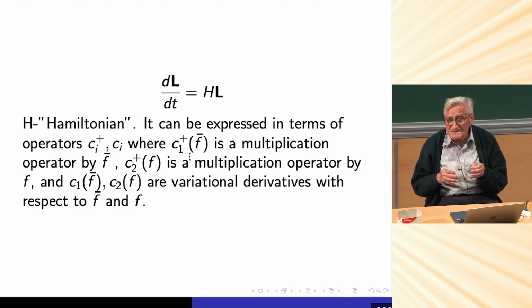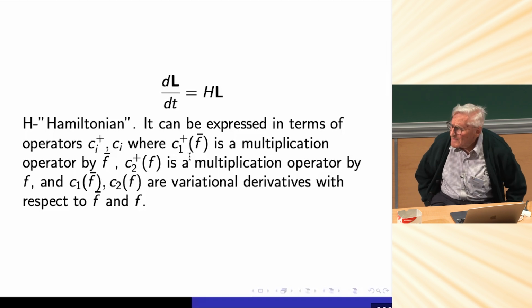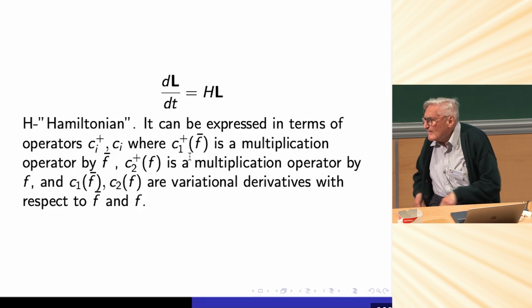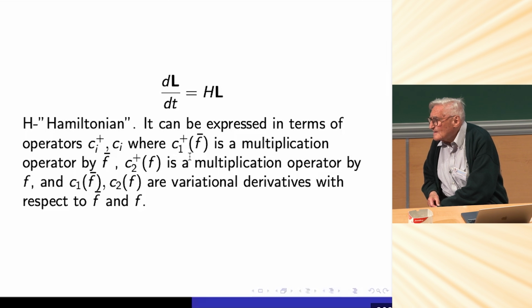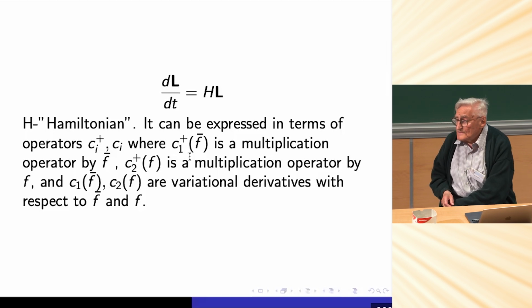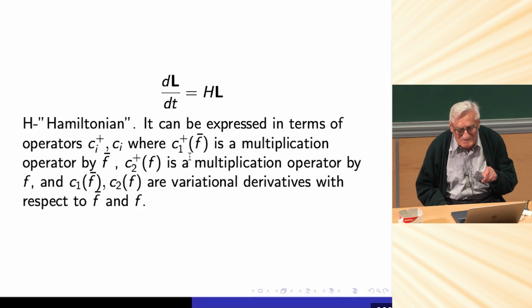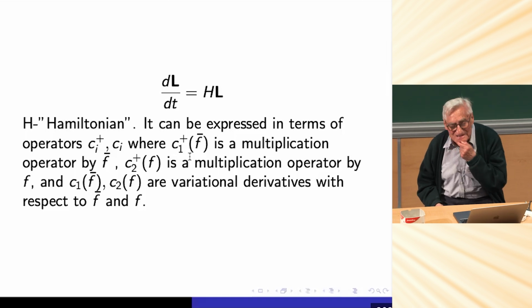In all cases when you do not have infrared or ultraviolet divergences. But excuse me, just one question: do these L functionals take positive real values? It depends on what you consider.